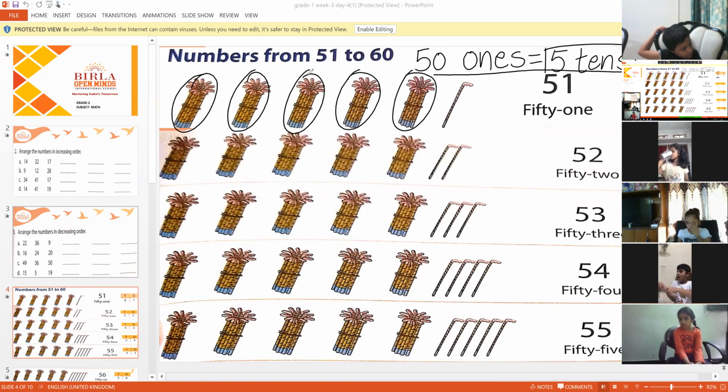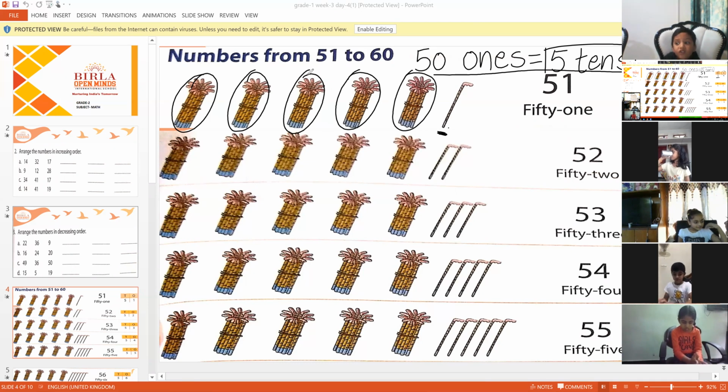And how many sticks are there which is not included in the group? There is only one stick. So in ones place we will write 1, because there is only one stick which is kept separately.